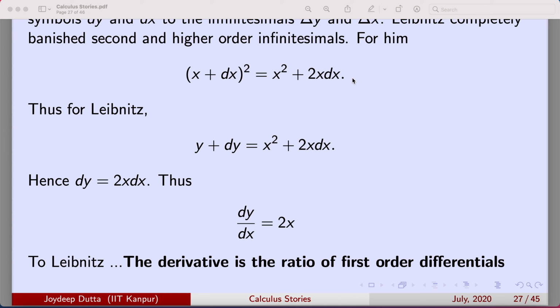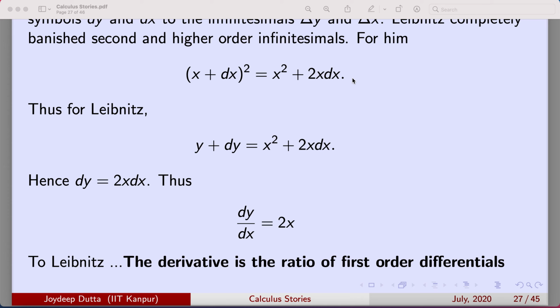When we were at school, we were told never to think of the derivative as the ratio of dy by dx. It is always d/dx of y. So d/dx is the differential operator operating on the function y. But hey, Leibniz, one of the originators of calculus, says no, the derivative is the ratio of differentials.